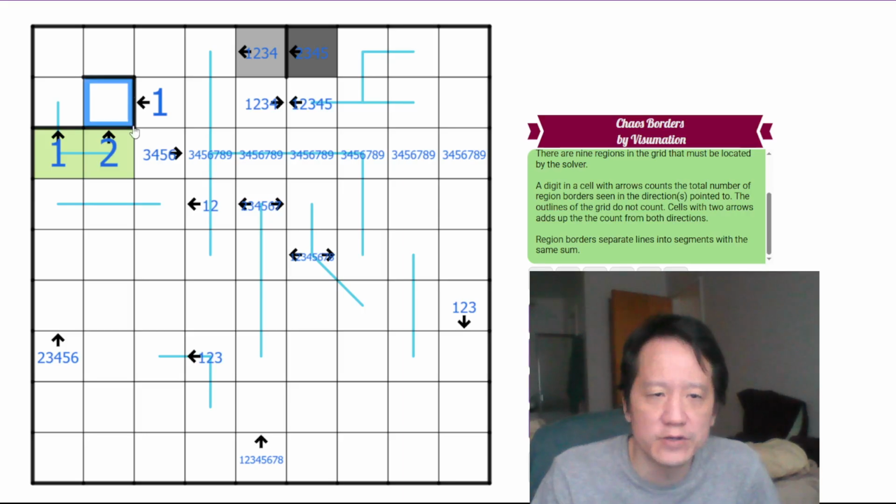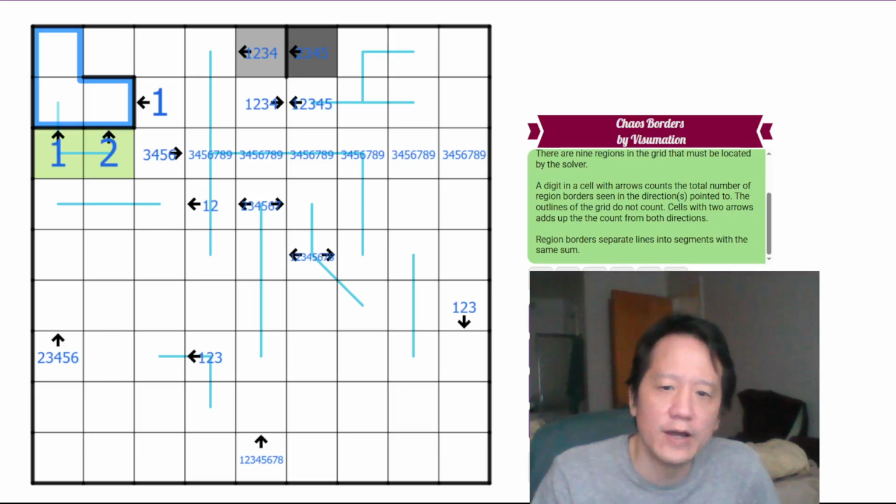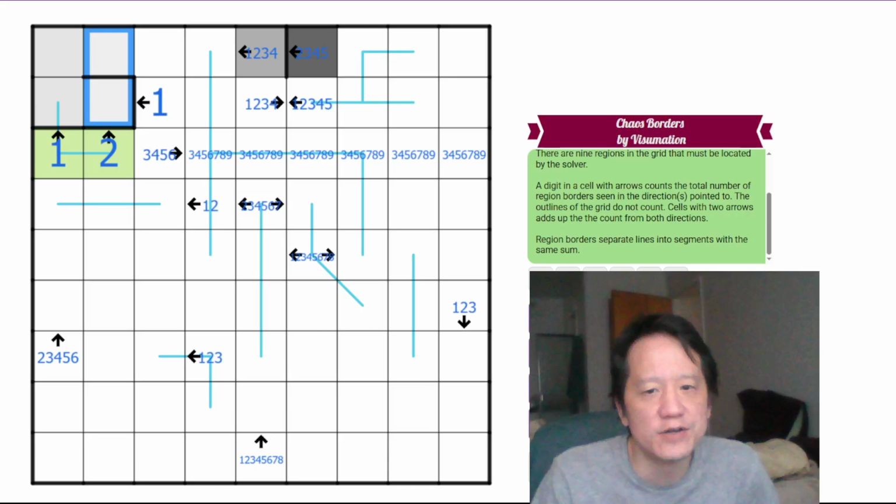If this is a boundary, this, again, has to go out somewhere, but this means this has to be part of the same region, which would never have a boundary here. So, either way, this has to be a boundary here. So this must extend out this way, no matter what.